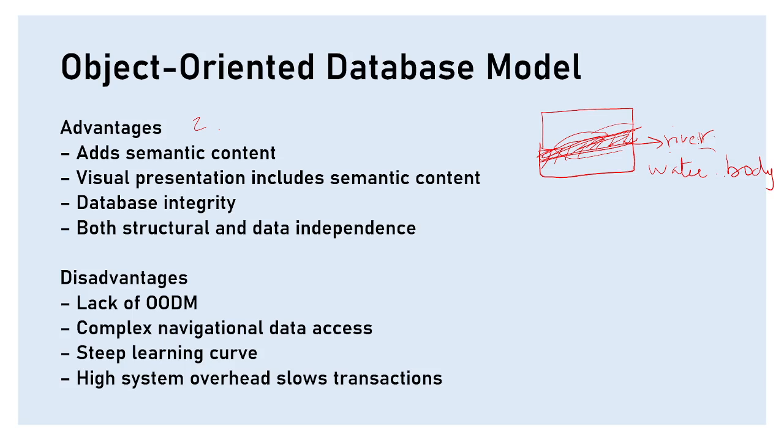And high system overhead will slow the transactions because you require a much more efficient computer, and therefore that might add extra cost. So it costs more, this object oriented database model.